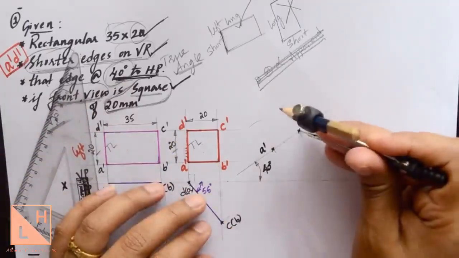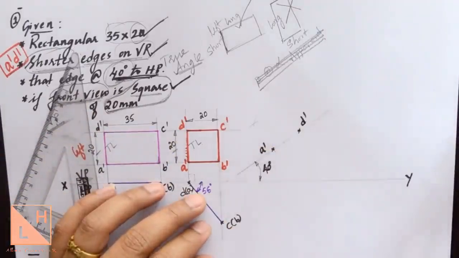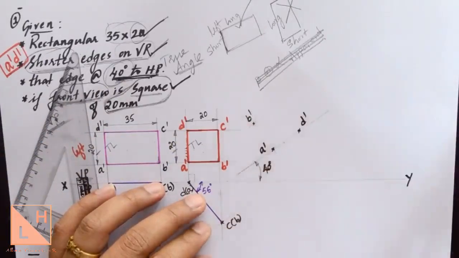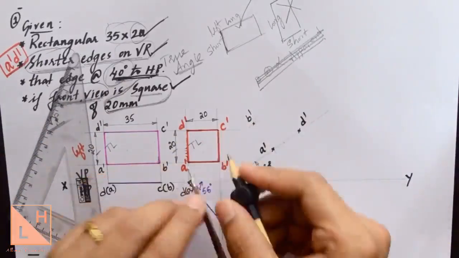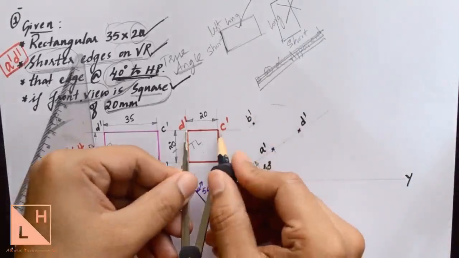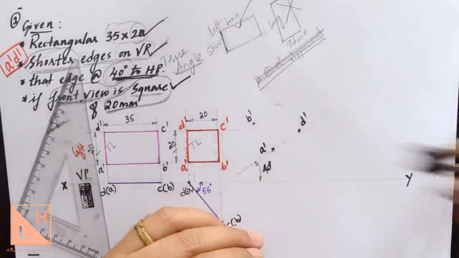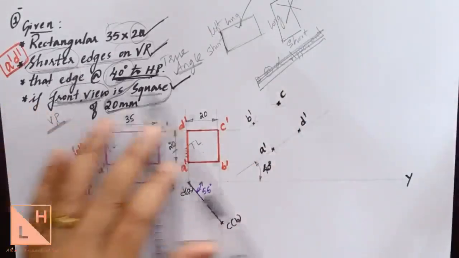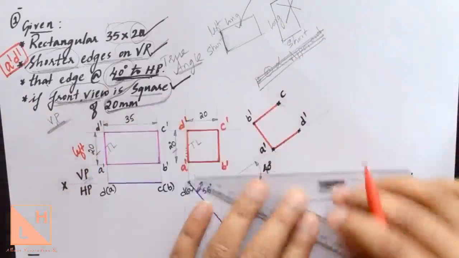So D dash to B dash you cut an arc. The intersection that you find here will be the new point B dash. So where it intersects, that will be the new point C. Join this with a dark line.